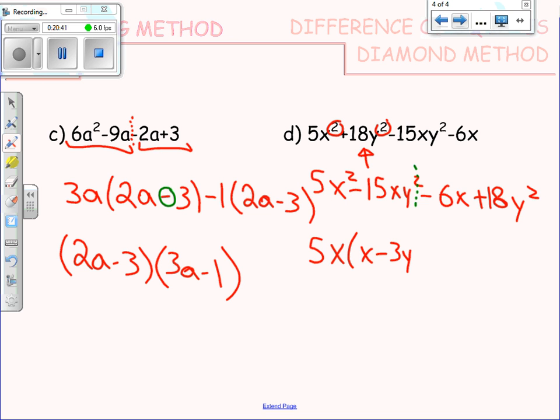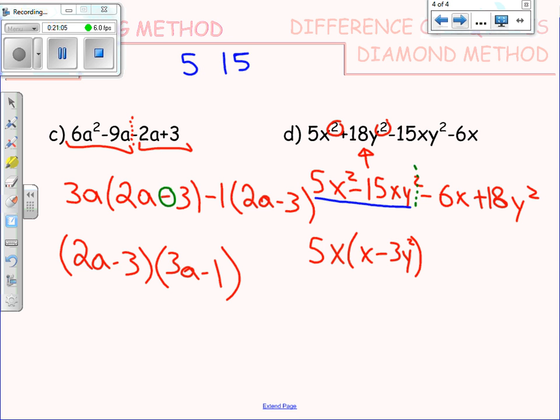So what I did was we took this side right here, and I highlighted it in blue. I looked at the coefficients, 5 and 15. I wanted to find the largest number that divided into 5 and 15. That's 5. So I put it here.